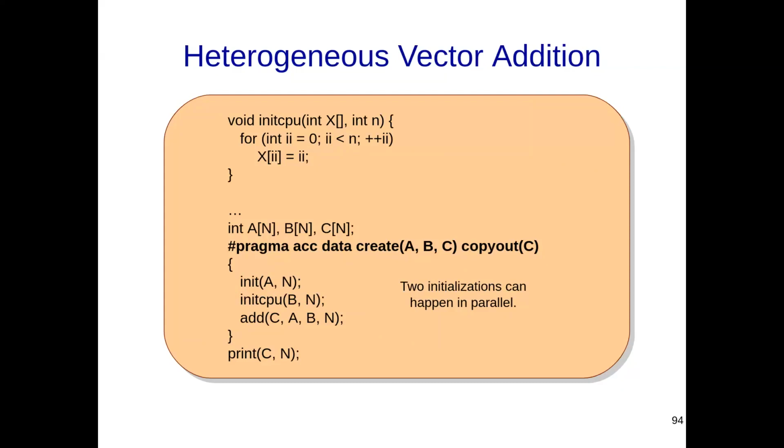Right? But if we do that, shouldn't we put a wait or a barrier after that init CPU B, so that the GPU add function doesn't start without that? No, because that add function is also running on the CPU. So init CPU is going to be over before the add begins, because the add function is going to be on the CPU.